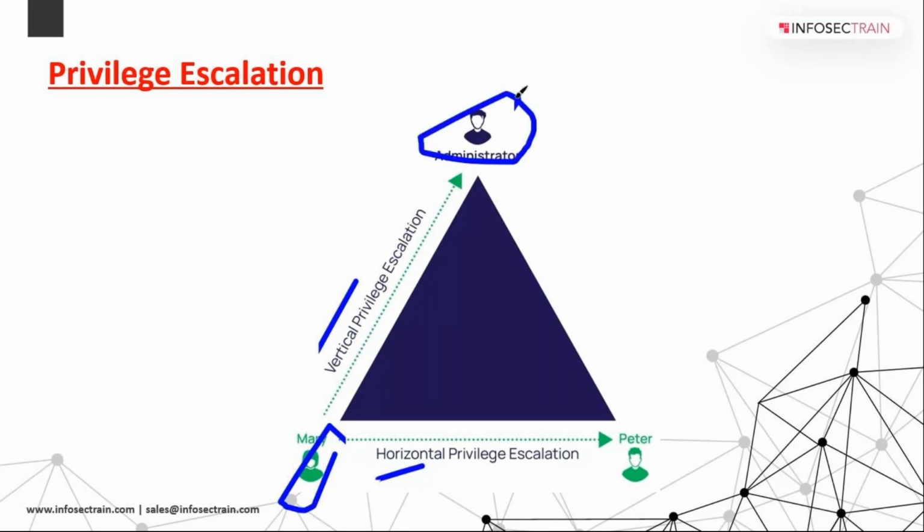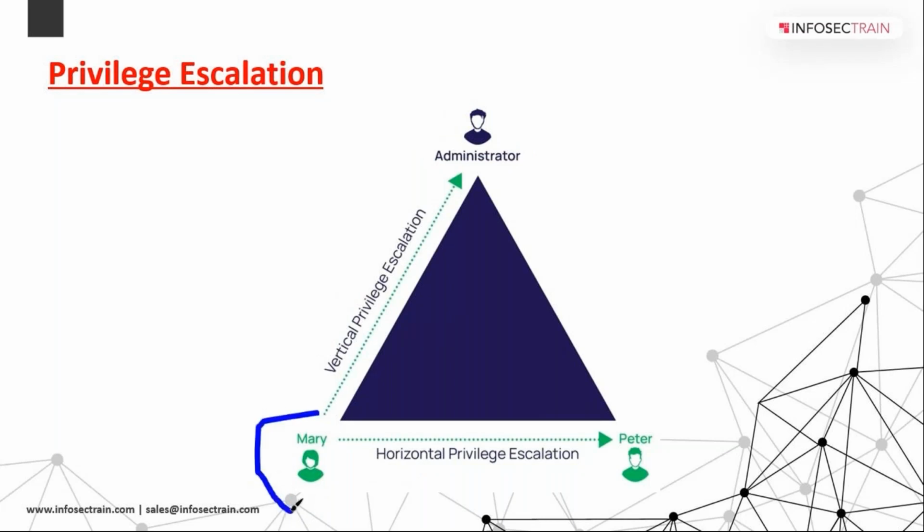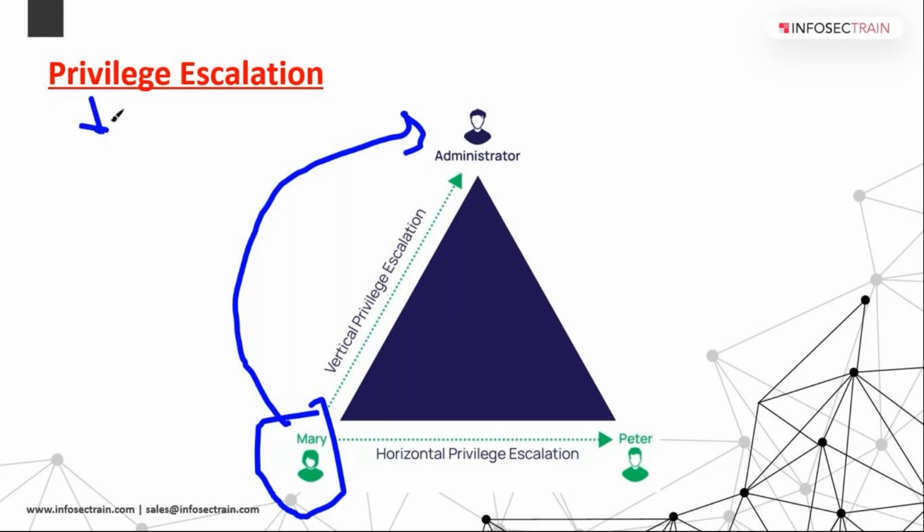He has the credentials, the username, password, and all these kinds of things. In this particular case, Mary tries her best to hack into her boss's system to gather more privileges. Privileges means permissions: what are the things you can do and what are the things you cannot do.